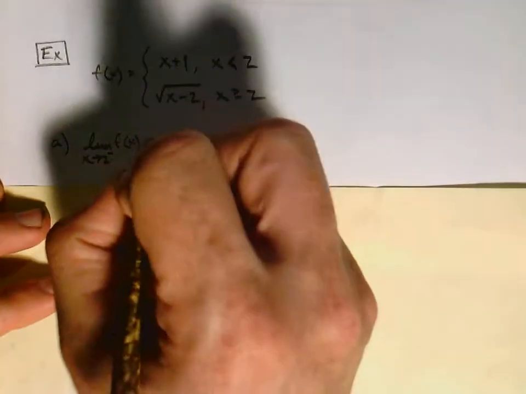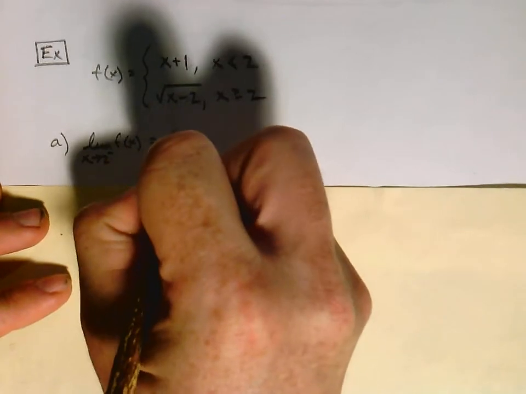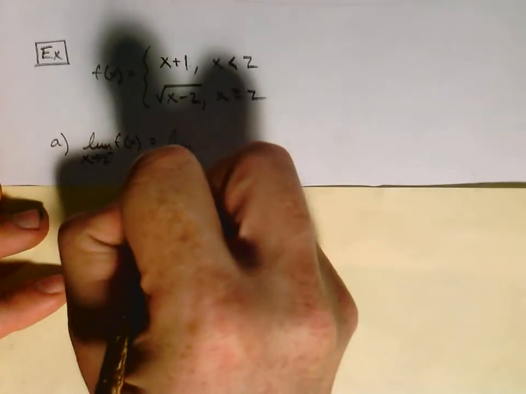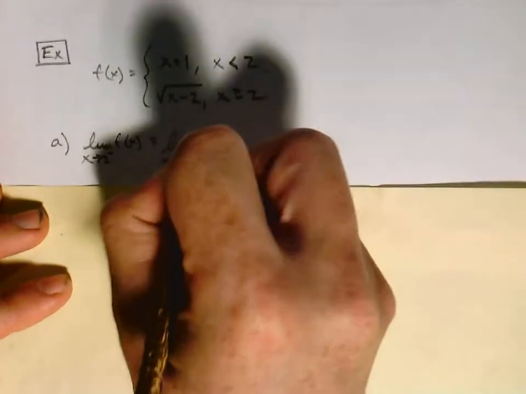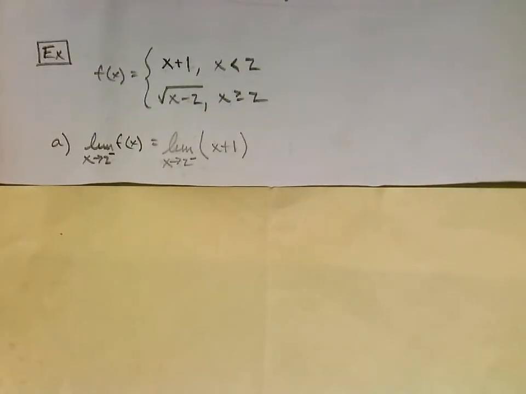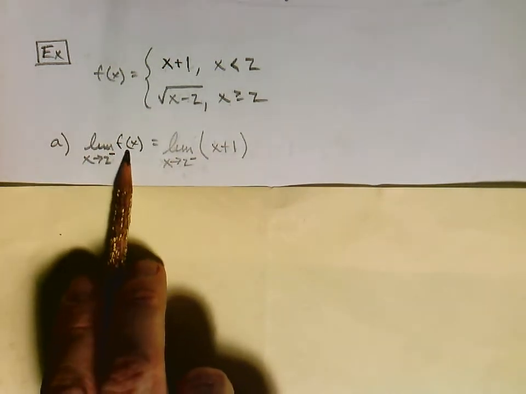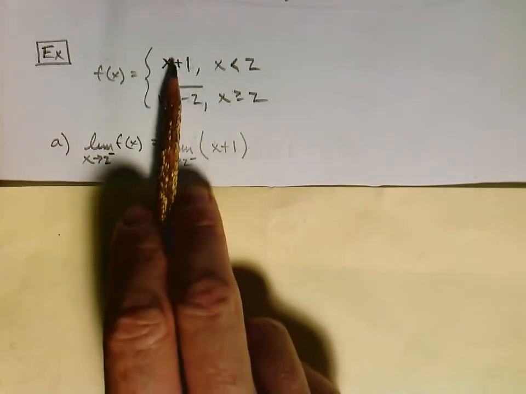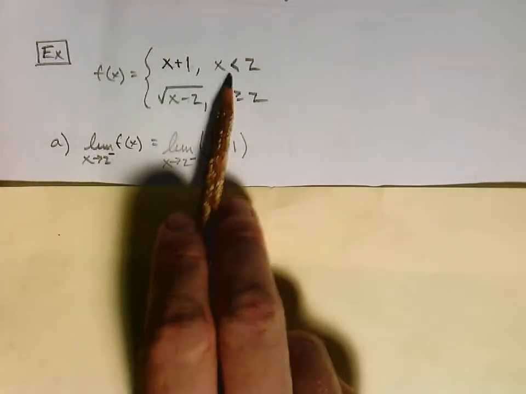So what we need to do, I'm just going to rewrite limit, lim, x approaches 2 from the left, and I'm going to fill in the function for that left side, which is x plus 1. So when we apply the function, we need to choose which piece, and we're going to choose that first piece for the left side of 2.